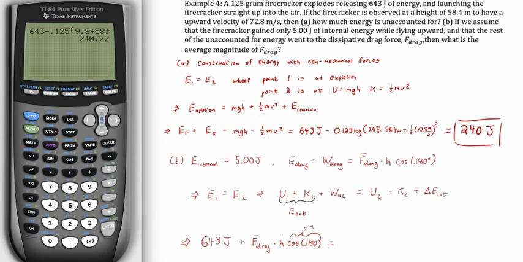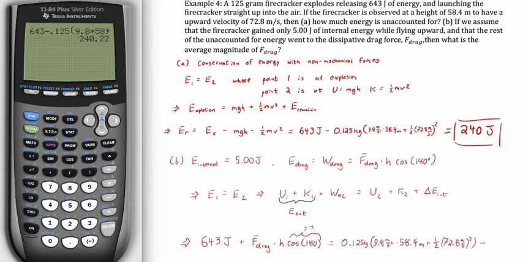So if we factor out 0.125 kilograms, and then 9.8 meters per second squared, that's kilograms, not meters here. Okay, and our 58.4 meters, and 1/2 of 72.8 meters per second, quantity squared.